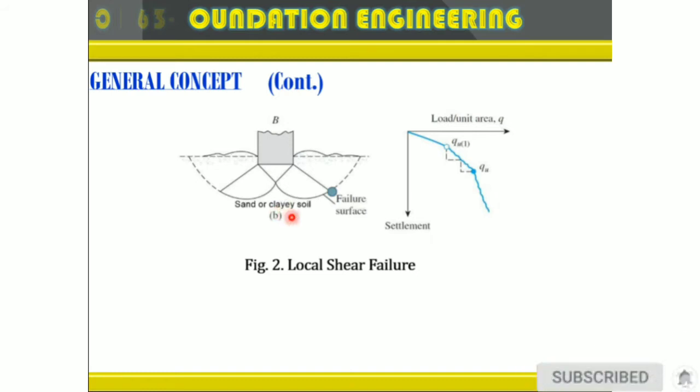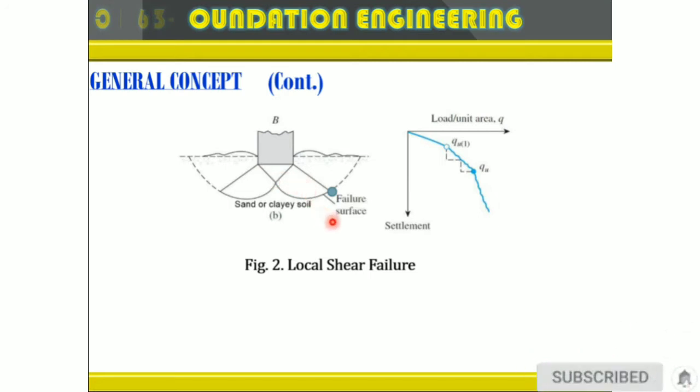An increase in the load on the foundation will also be accompanied by an increase in settlement, the same as for the general shear failure. However, in this case, the failure surface in the soil, if we consider the right side, is just symmetrical to the left side.